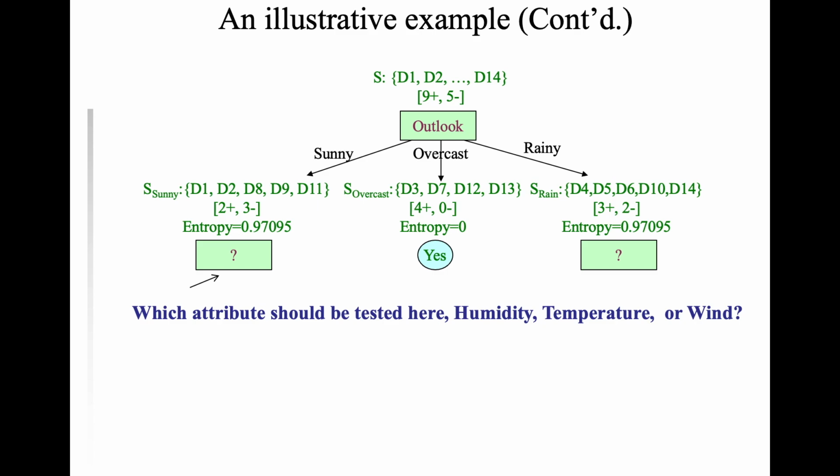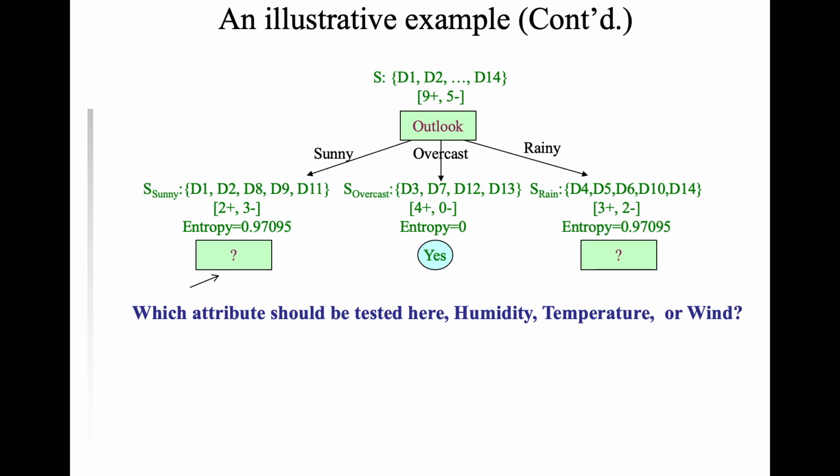One time with respect to the humidity, then we calculate the gain of S Sunny with respect to the temperature and with respect to the wind. After we calculate the gain of this subset with respect to the remaining attributes, we select the one whose information gain is the highest, right?